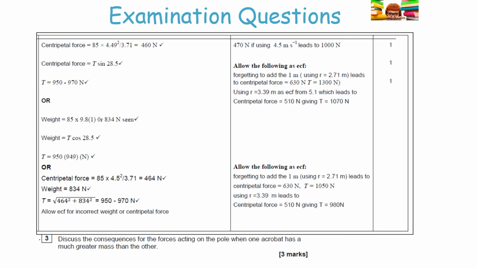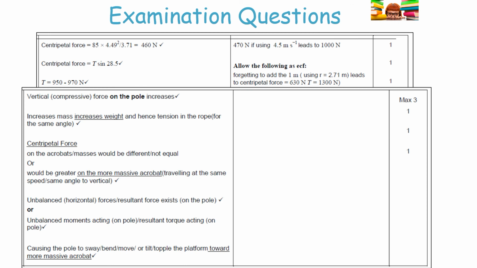So in both cases, if mass is increased, the weight will get bigger and the centripetal force will get bigger. So you're going to have an unbalanced horizontal force now, because the centripetal force from one acrobat is larger than the other. So you'll have an unbalanced horizontal force, and you'll have an increased vertical force as well.